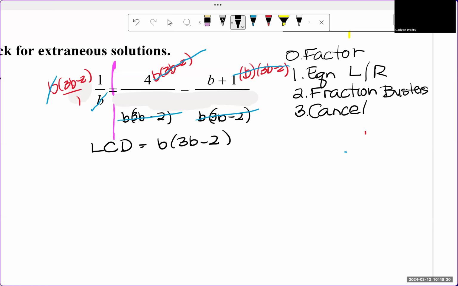What do we have left? We have 1 times 3b minus 2. We have just a 4. Do we see right here? Just a 4.